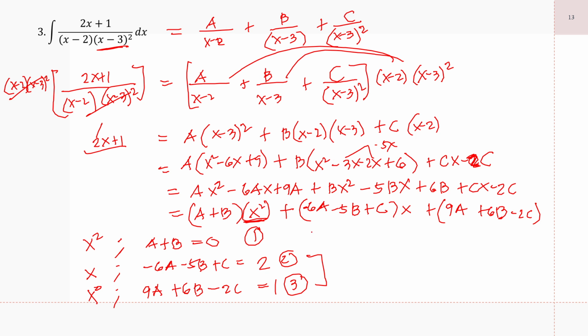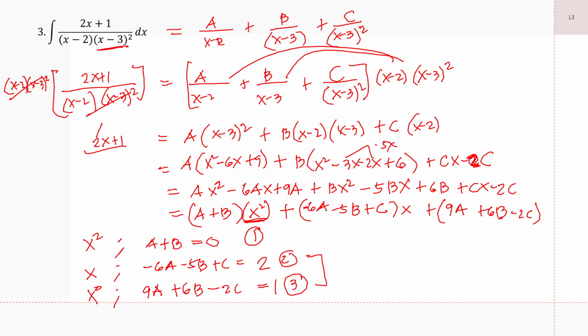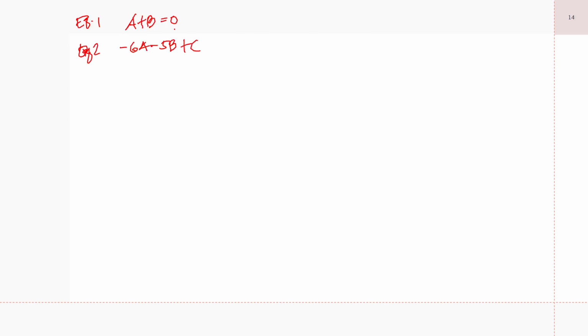Let's copy equations 1, 2, and 3. Our equation 1: a plus b is equal to 0. Our equation 2 is negative 6a minus 5b plus c is equal to 2.